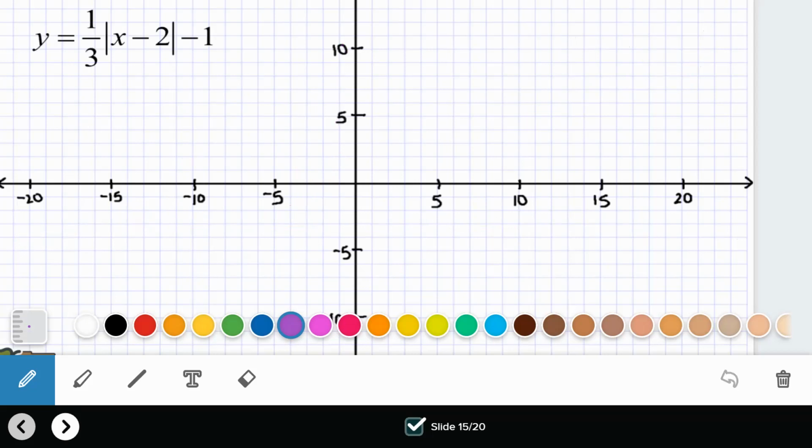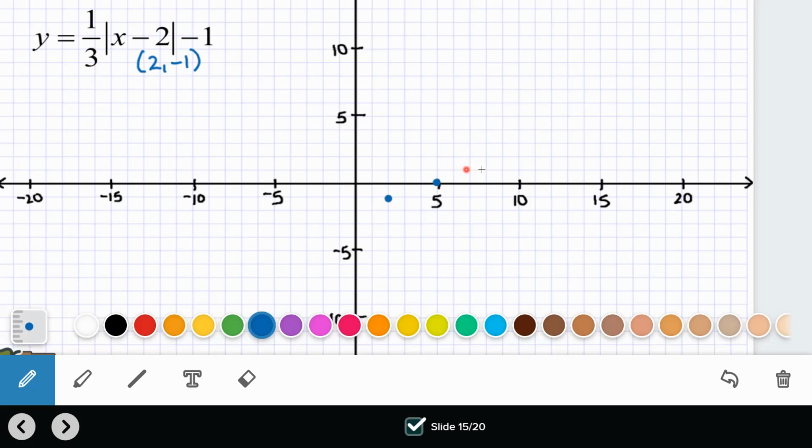This one is going to be an absolute value graph with a vertex of 2 comma -1. So I'm going to go to 2 comma -1. That's going to be my start. Now this has a stretch of 1/3, but since this is linear, you can think of it as a slope only for these ones, not for any other type of graph, just for these absolute values. Up 1 over 3.